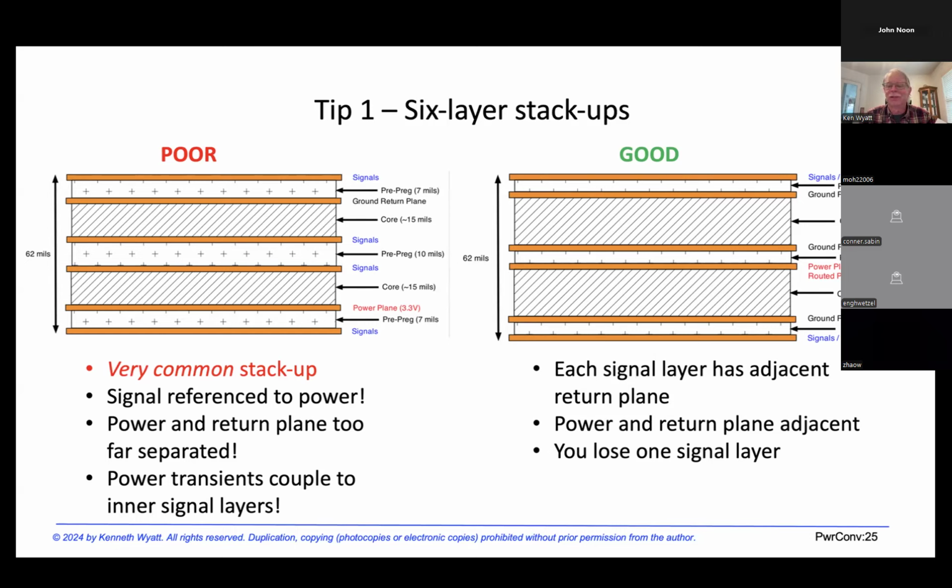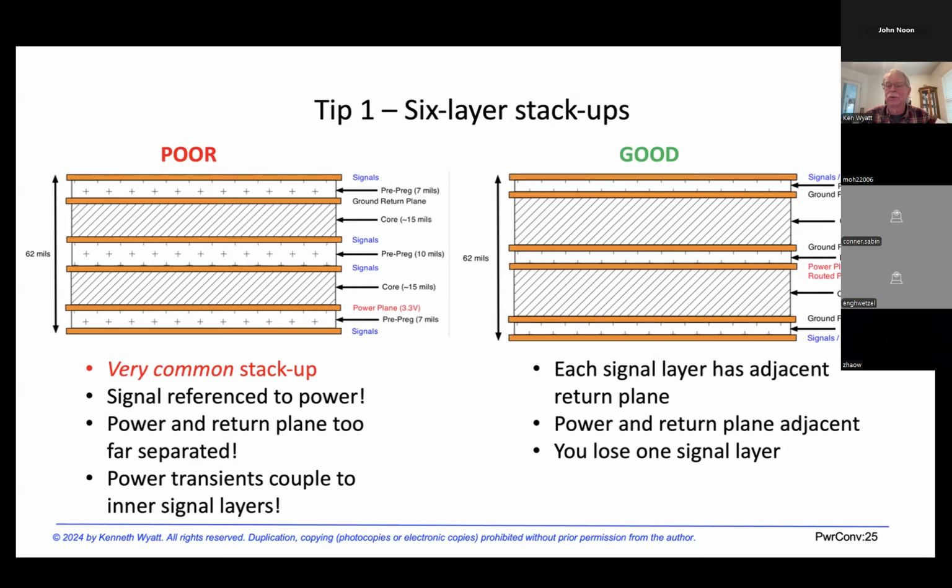On the right-hand side is one of many ways around that. You can put the power and return plane in the middle layers and use a ground return plane and signals and routed power on the top and bottom two layers.